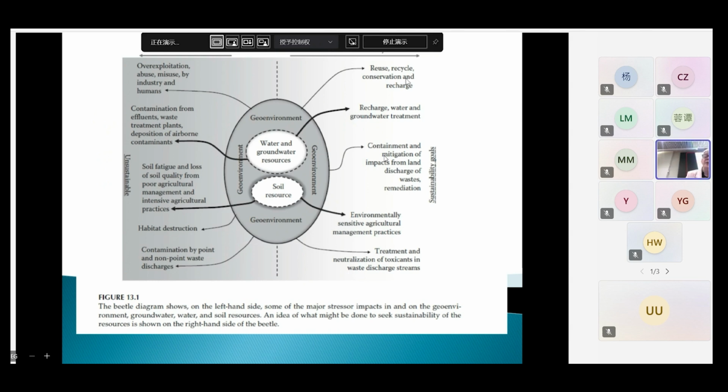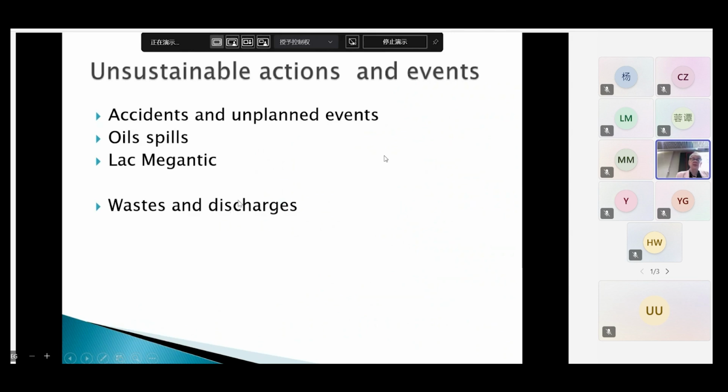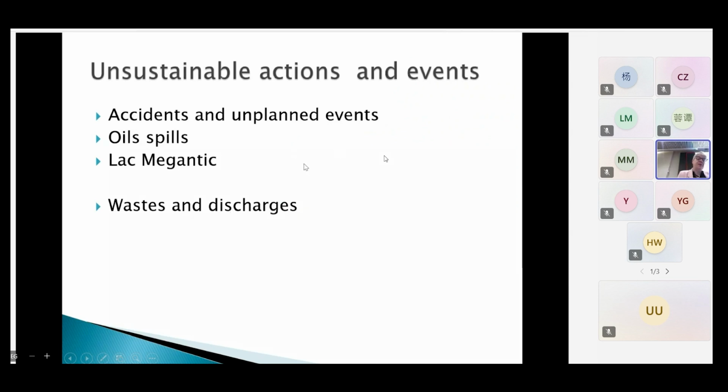And then we would like to be much more about resource conservation by reusing, recycling, treating the groundwater and soil, doing better agricultural practices, and doing treatment processes to neutralize your contaminants. So yeah, there is a lot of evidence of very unsustainable practices.